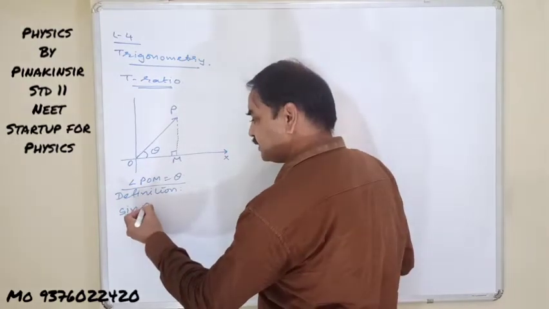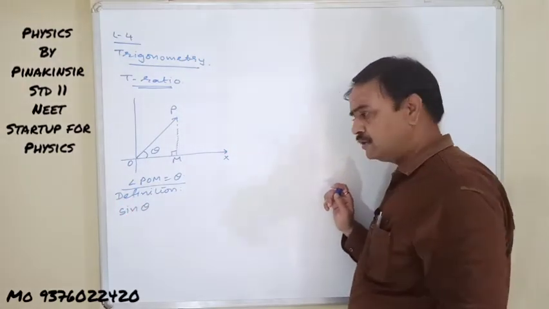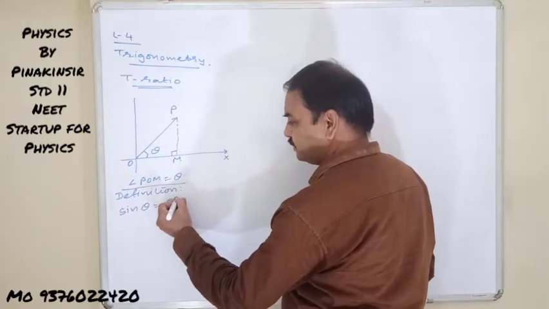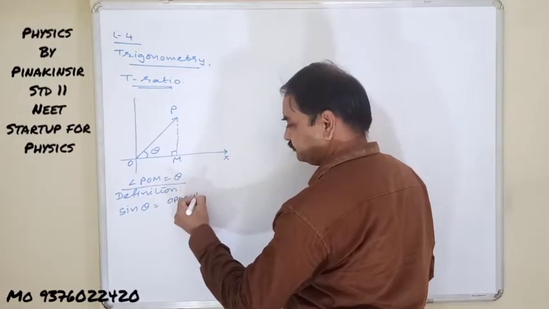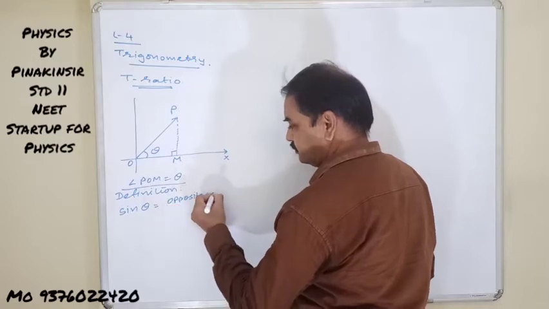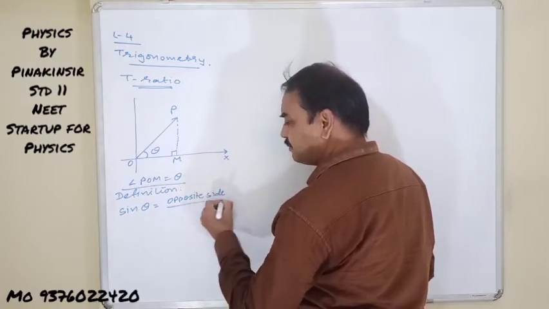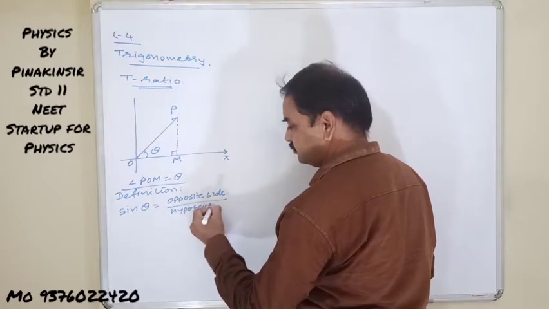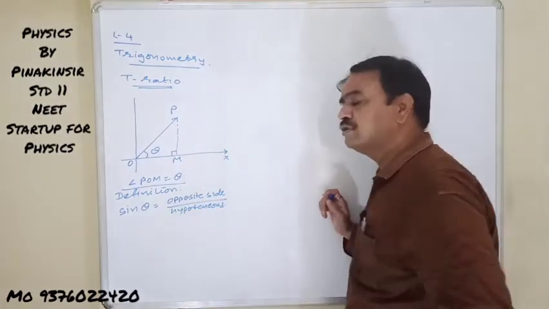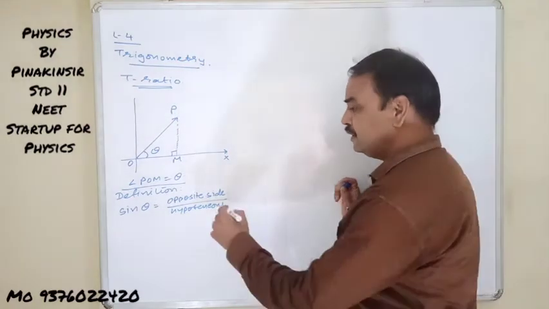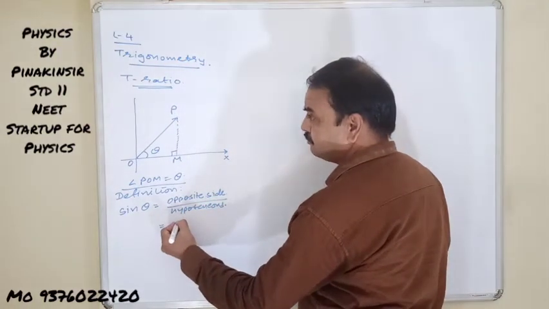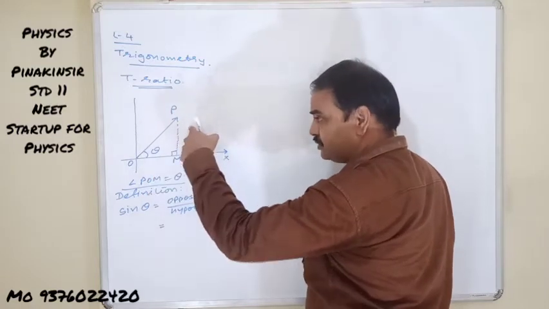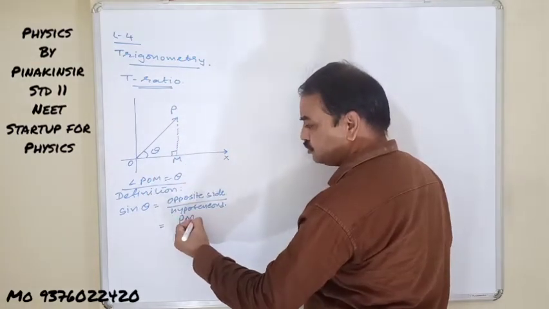Sine of theta, it is a mathematical function, is given by opposite side divided by hypotenuse. In our figure, for this particular angle theta, it is PM, opposite side, and hypotenuse is OP.